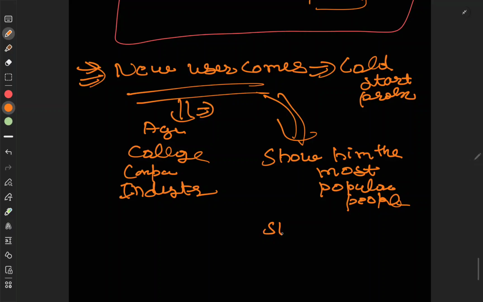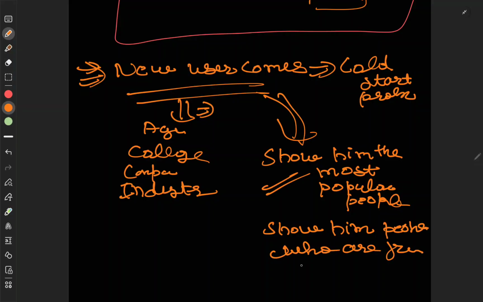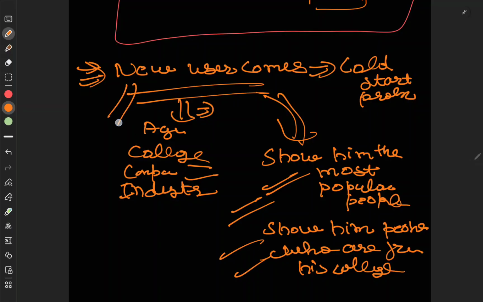Then, let's say you showed him this, then you can show him people who are from his college. Once this guy starts sending connection requests, then eventually an embedding will be created.